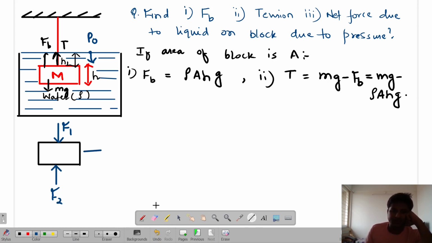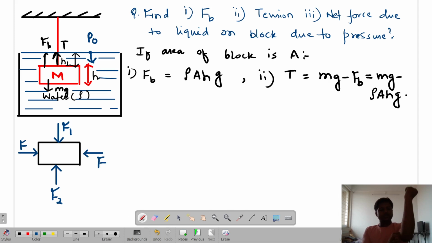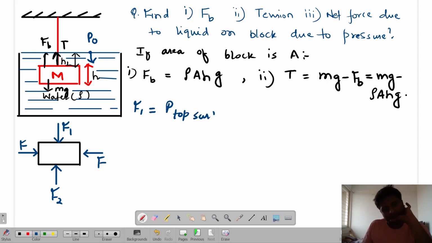From other sides the forces are the same. I'll still mention them because it's asking due to pressure. The forces are present from all sides, so except for the top and bottom surfaces, all the faces experience the same force, and the net force from all other directions is zero. So F1 is the pressure at the top surface times the area.